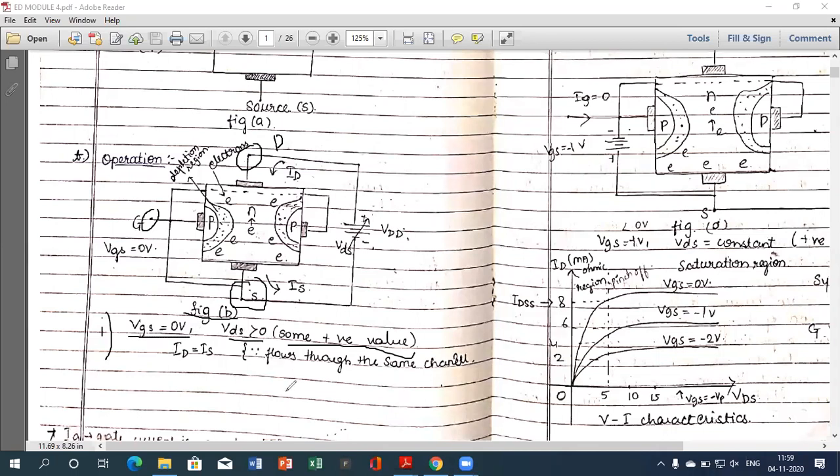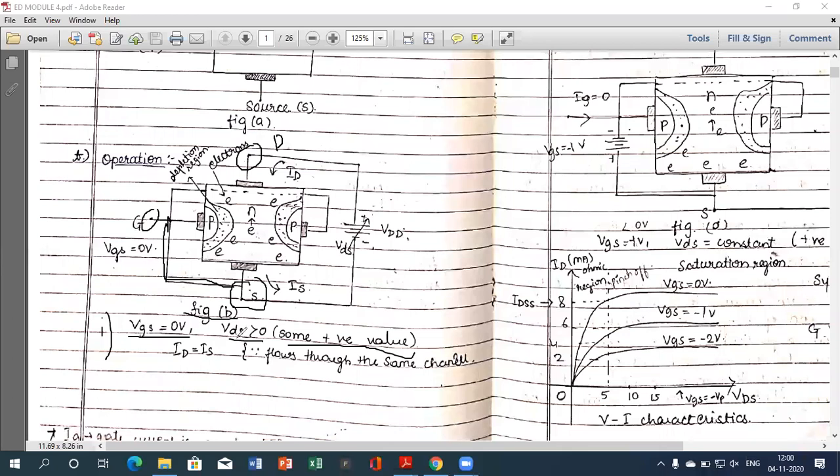To achieve this, what I have done is, this is the same as the construction part, and here the gate terminal is connected directly to the source terminal. So gate and source are short circuited. When they are short circuited, the voltage between the gate and source is 0. That's why we call it VGS, the voltage between gate and source, which is 0.